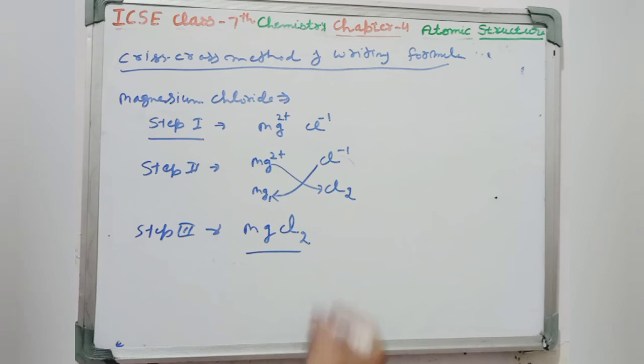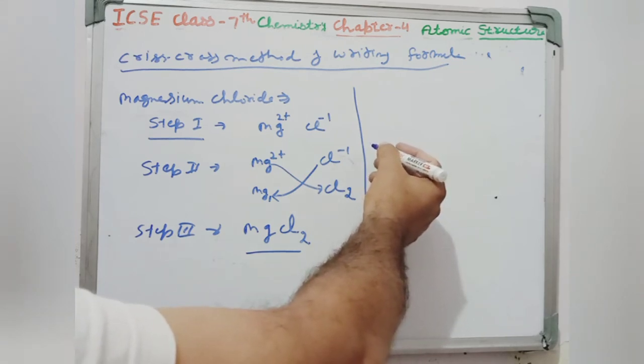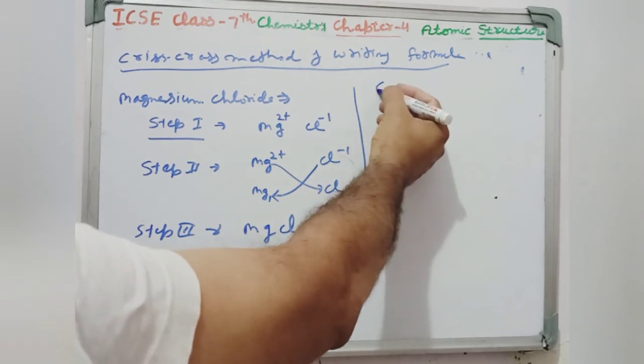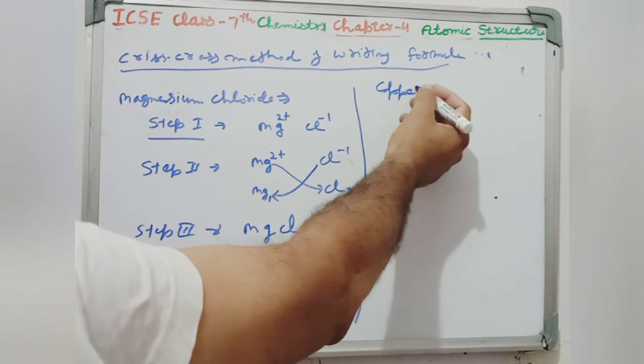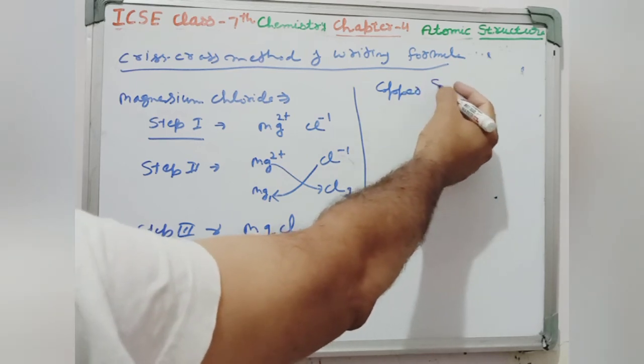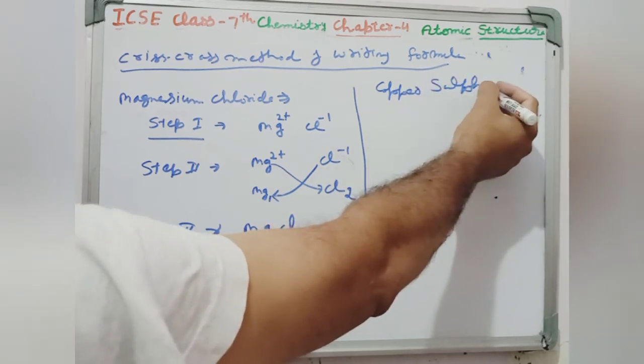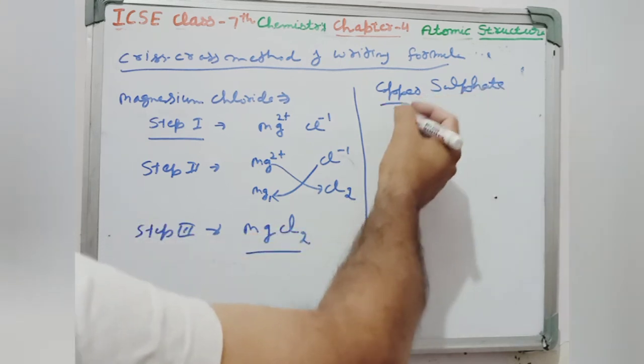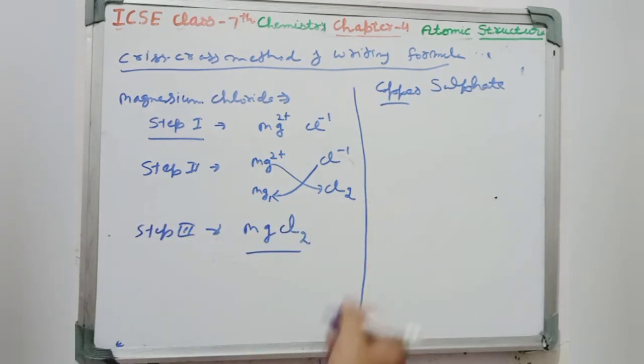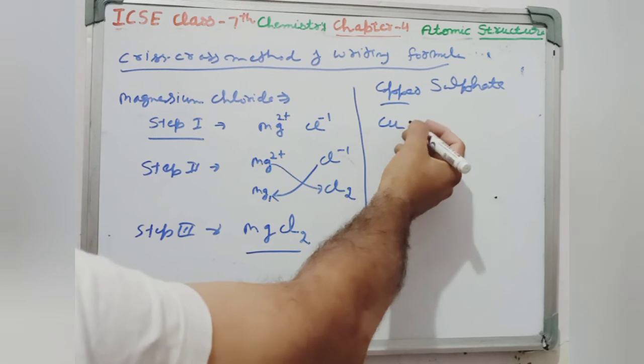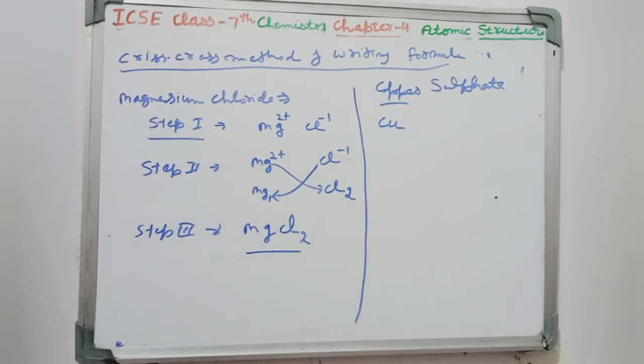If we take another example, copper sulfate, blue vitriol, copper and sulfate. Step 1, you have to learn the positive radicals and negative radicals from your book.